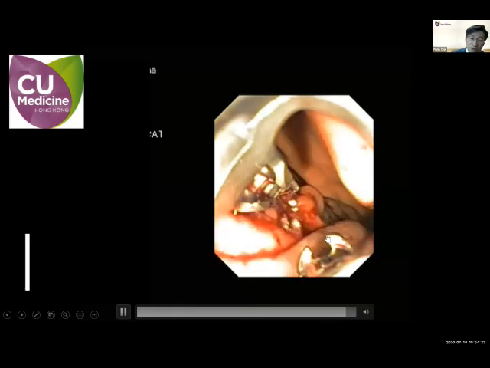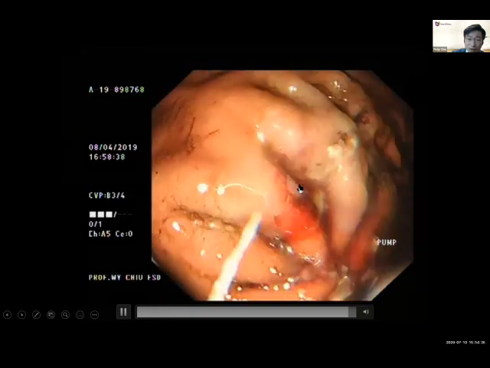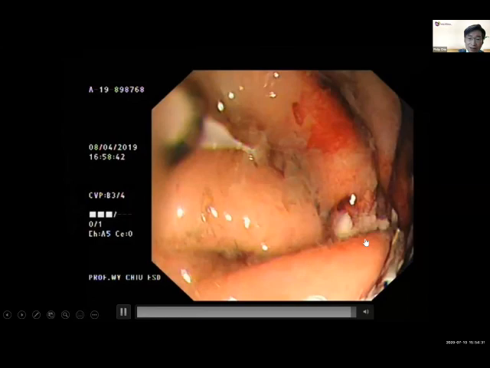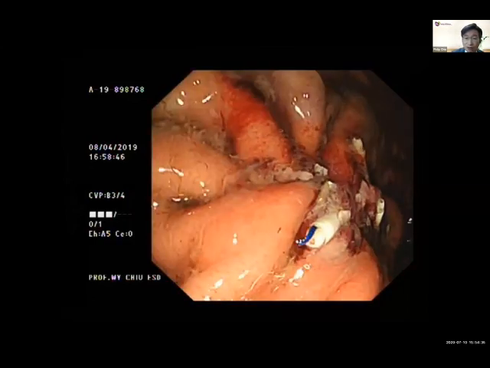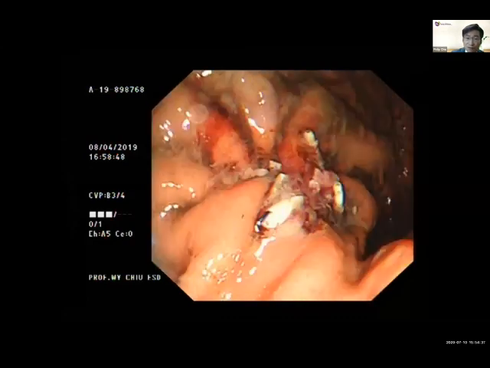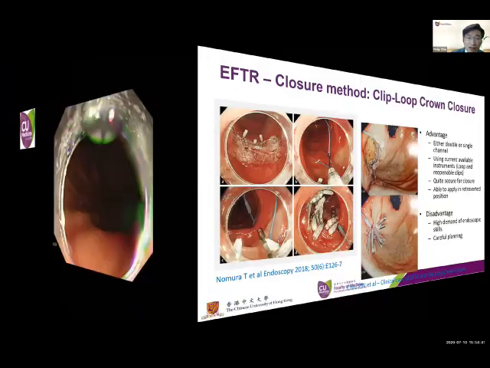I usually apply it in a figure of 8 manner for closure, and I would perform 2 sutures, not only 1, because of the safety issue. After the completion of the suturing, you can see a very definite closure and a good capsule.